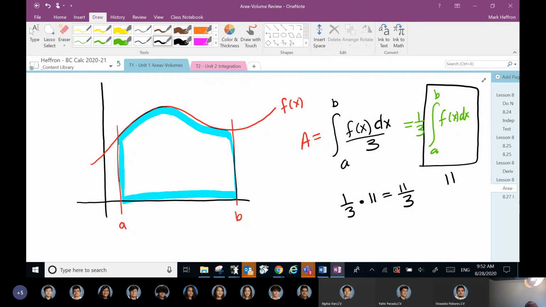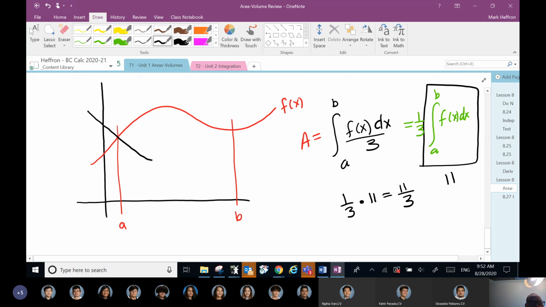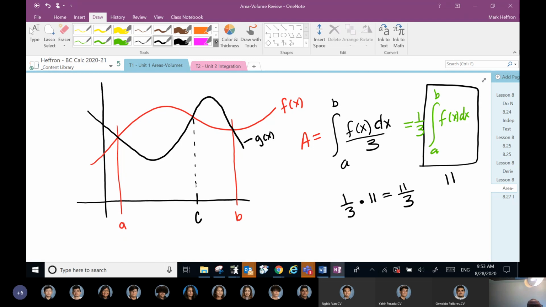Yeah. So now I'm going to switch up my picture a little bit. I'm going to introduce another curve. I'm going to call this curve g of x. Got two different areas.